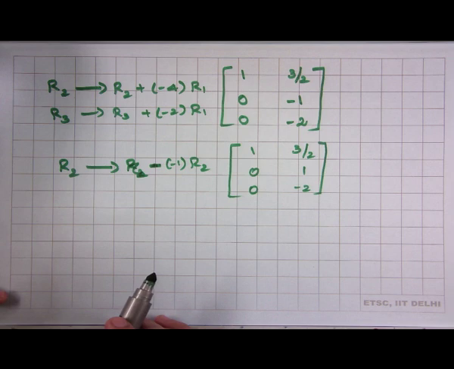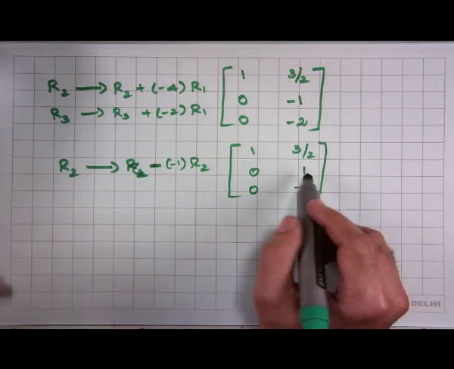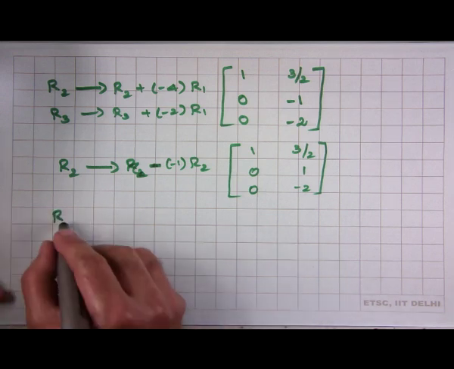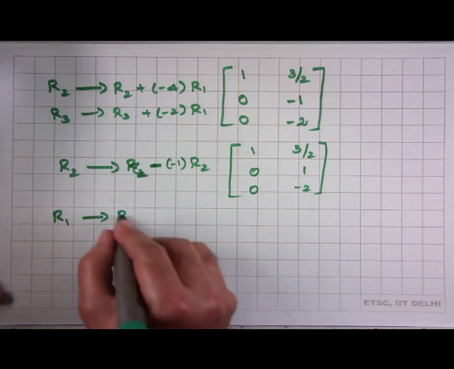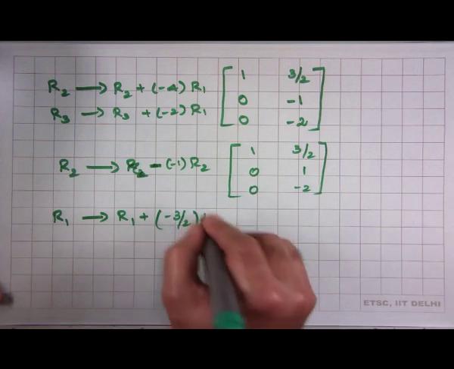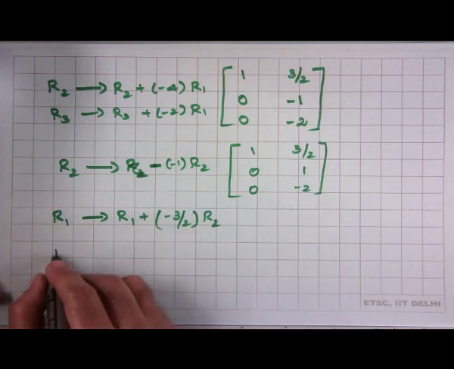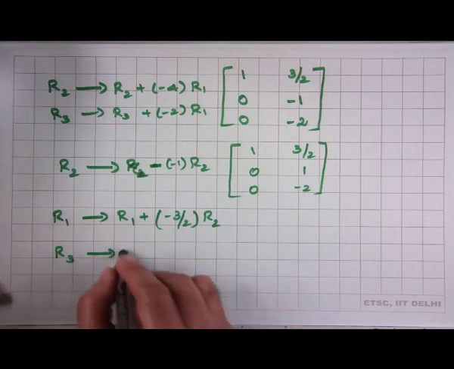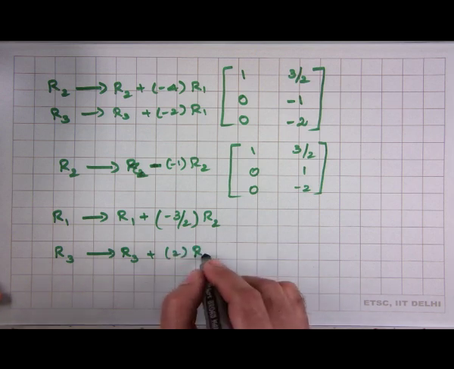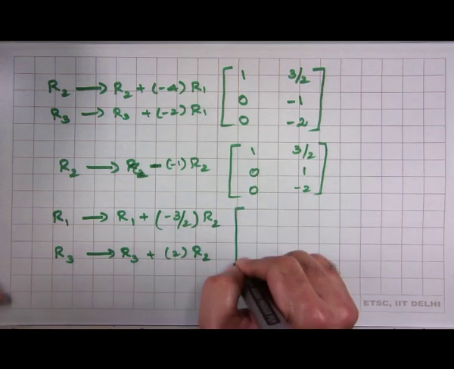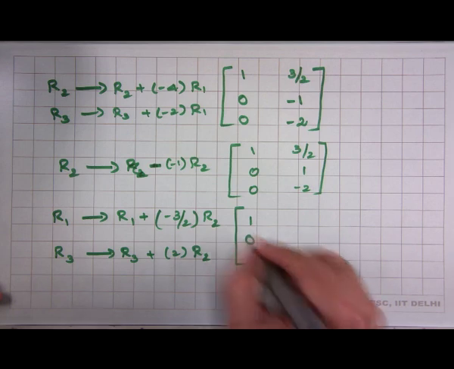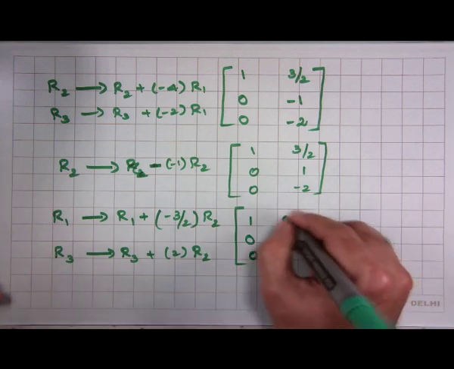Then I will have to make the other two elements into 0. I will replace R1 by R1 plus minus 3 by 2 times R2, and similarly R3 is replaced by R3 plus 2 times R2, right. So, these two are going to remain unchanged and I will have 0 1 0.